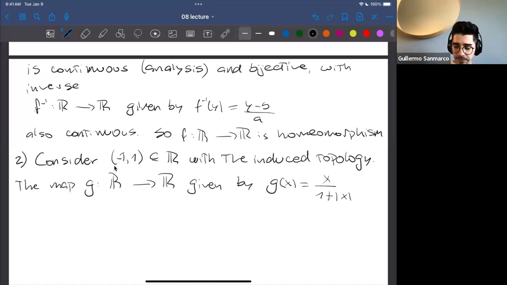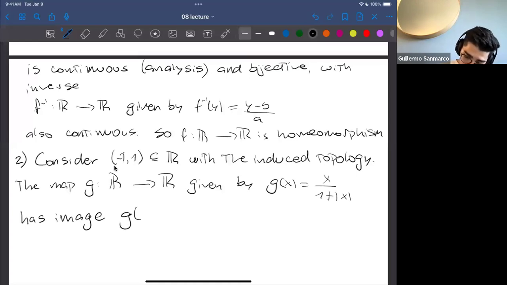What we're doing here is kind of normalizing x. As a consequence, this will always take values not on the entire real line, but the image of this will be the open interval. So G of R is just the open interval.